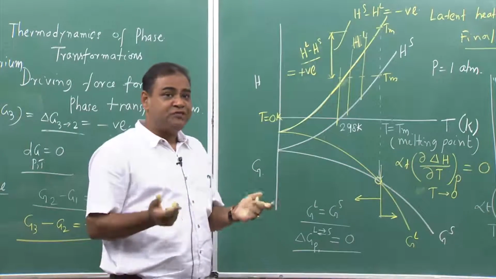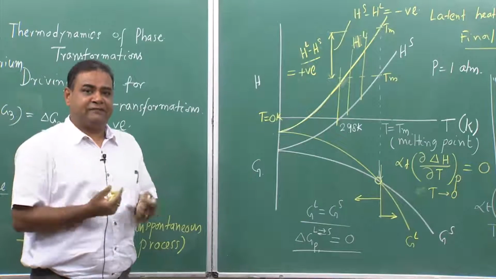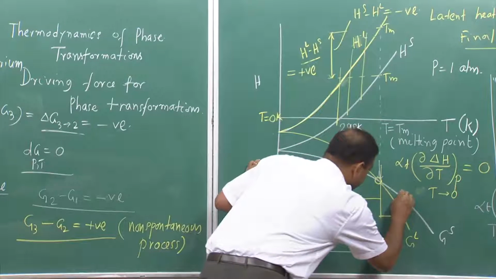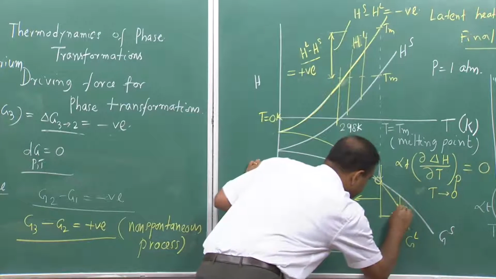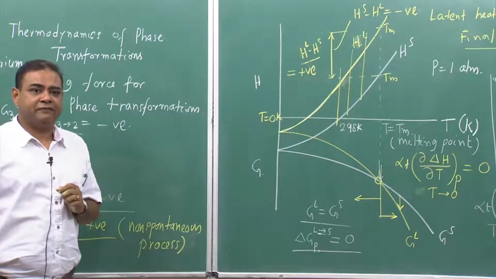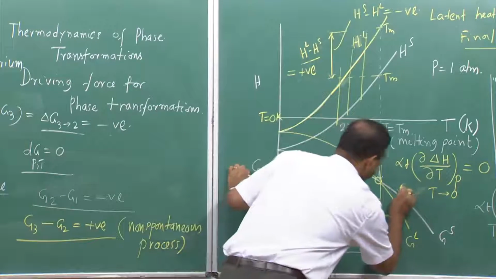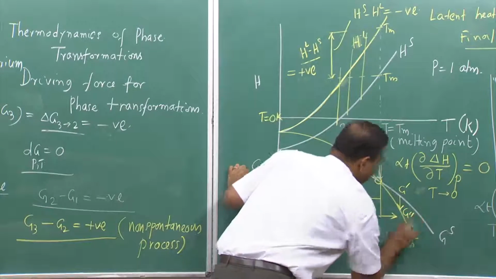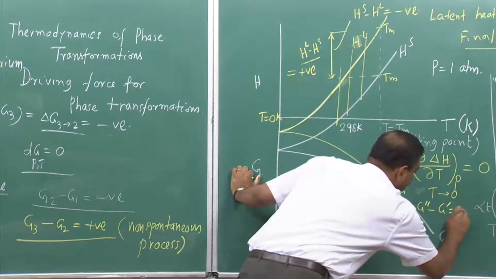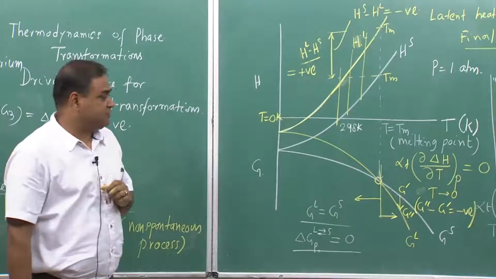That means, which way the change in free energy goes negative. Here, this is G prime and this is G double prime. So G double prime minus G prime is a negative quantity. That means this is a spontaneous process.